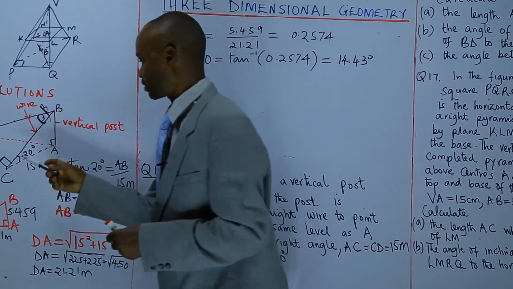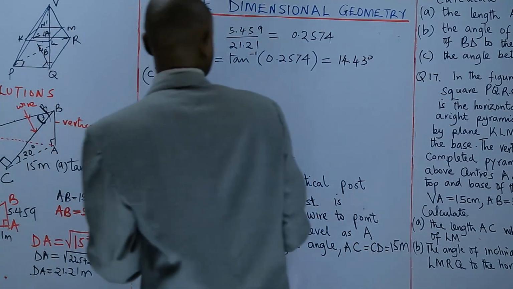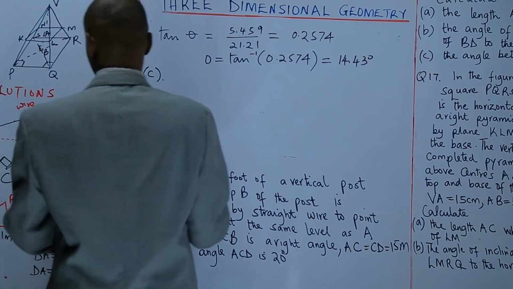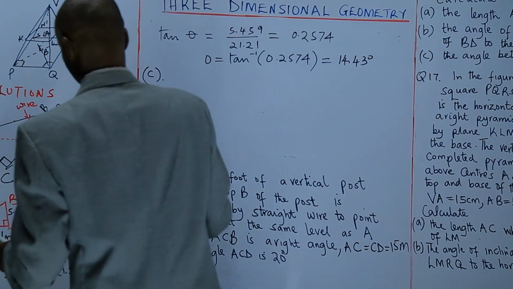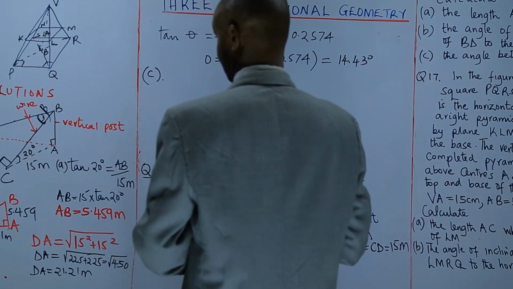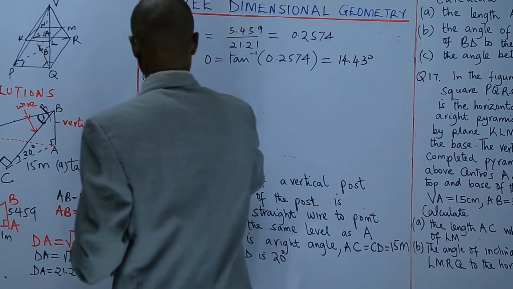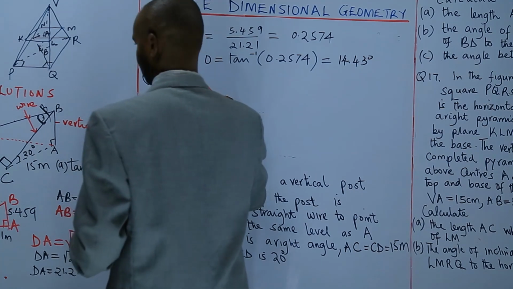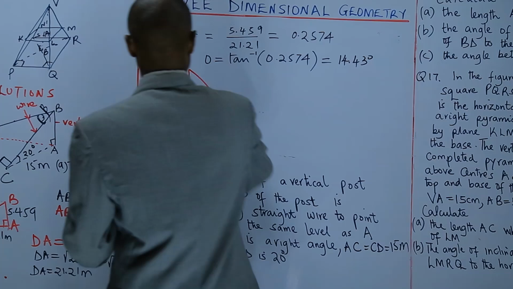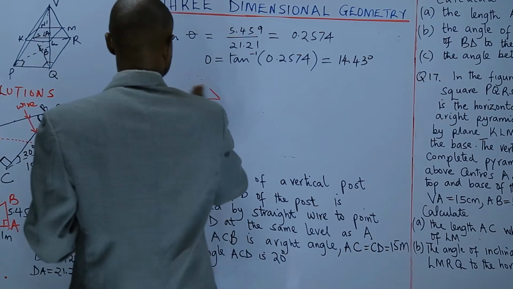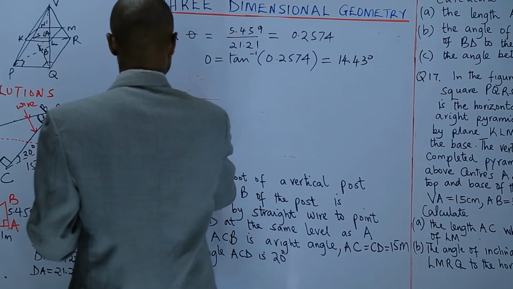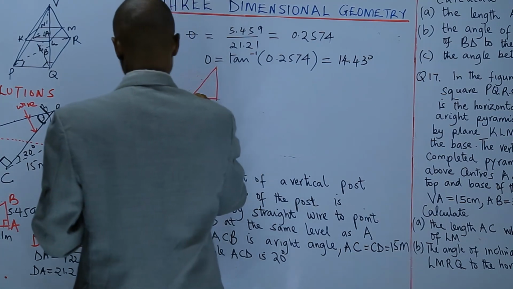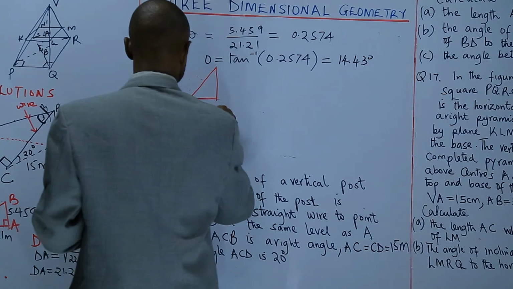So you'll extract this right angled triangle. It is this triangle. We'll use these. This is 15 meters.